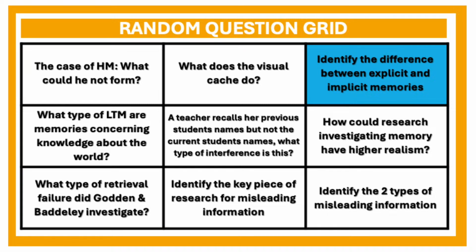All right, identify the difference between explicit and implicit memories. Remember, this is a difference question, so I really want to be seeing some sort of connecting word here. That's all I'm going to say in your answer. This is AQA exam spec.